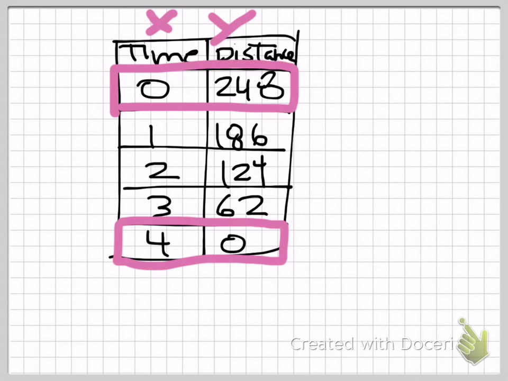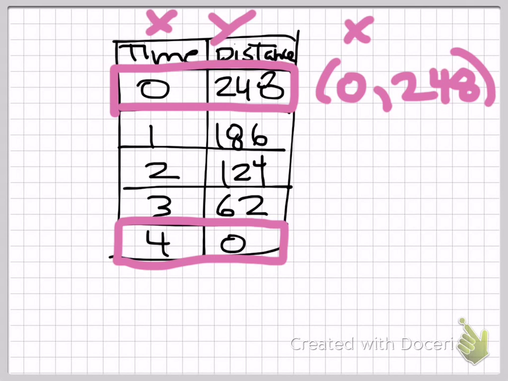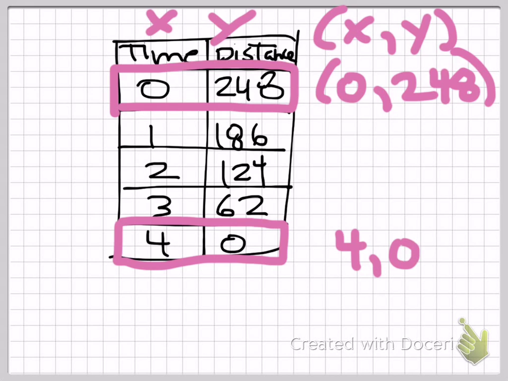But what we need to focus on really is the ordered pairs. We have the first ordered pair, which would be 0, 48, because we set up our ordered pairs x, comma, y. And then the last ordered pair that we need to focus on is 4, 0. So one of these is going to be your x-intercept, one is going to be your y-intercept, depending on where the 0 is. So since in the first one the 0 is your x-coordinate, that makes 48 your y-intercept.